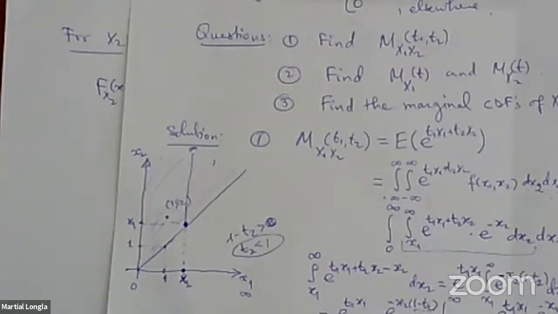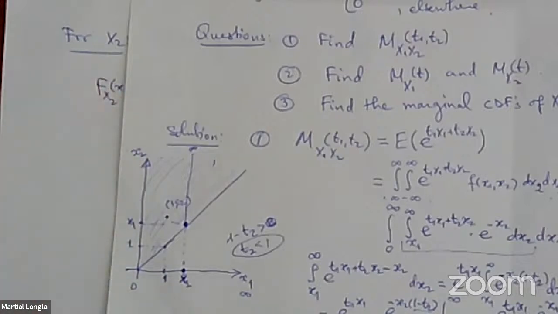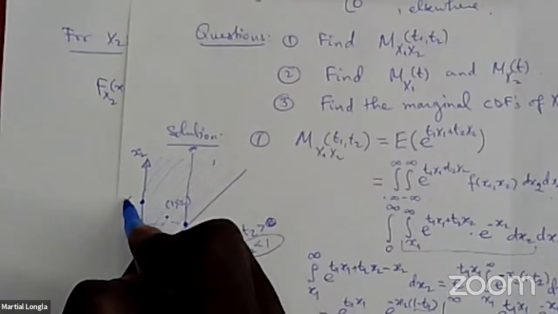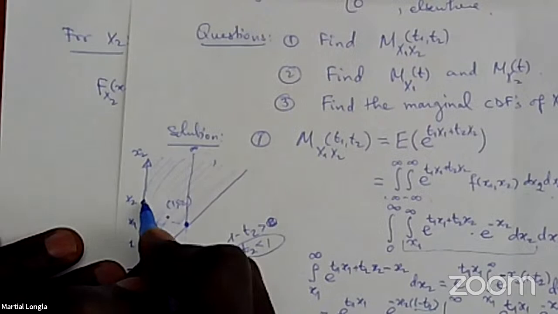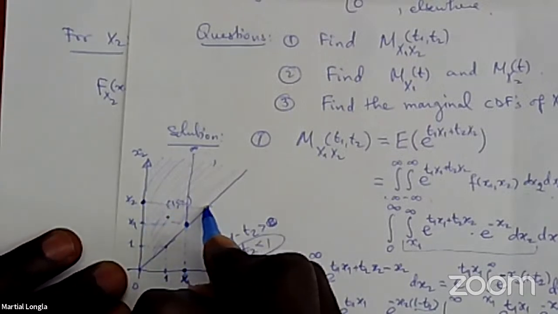Now that we are integrating dx1, we are fixing a value of x2. Where are the values of x2? Up here. So if I'm fixing a value of x2 here, what are the values of x1 that are in the range? That's the question. So 0 to, you're integrating dx1, so x2.